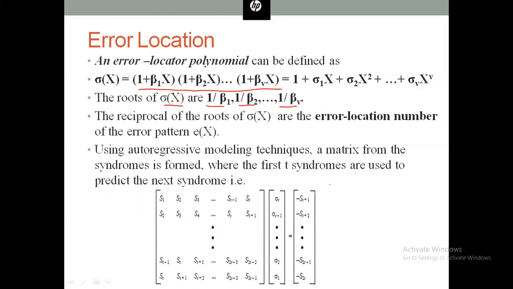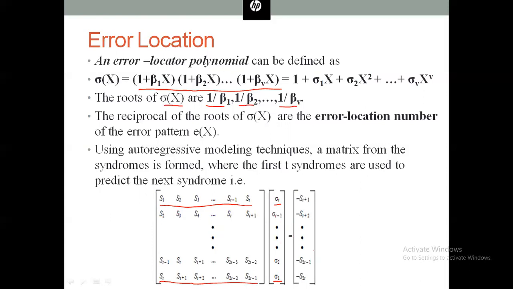So we write this in that form, where we start from S1 to St, and we end up with St to S2t minus 1. And we start with error location sigma t, and we stop here at location sigma 1, right?